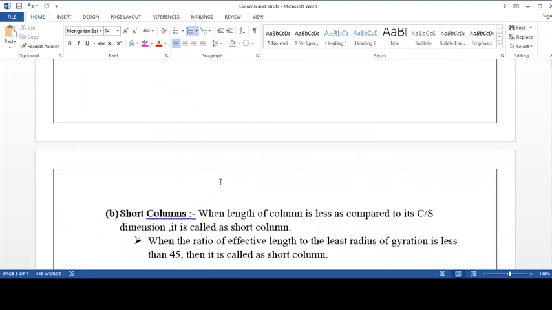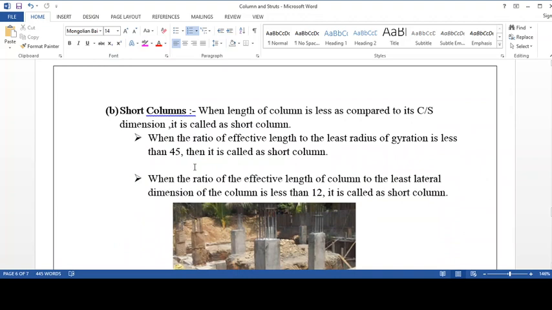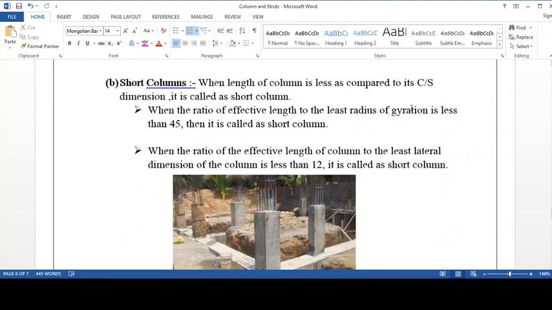Next, you can see here short column. When the length of the column is less compared to the cross-sectional dimension, it is called a short column. Same thing, when the length of the column is greater compared to the cross-sectional dimension, it is called a long column.